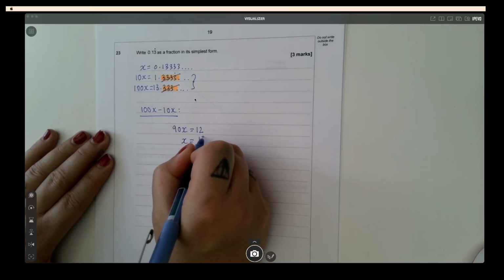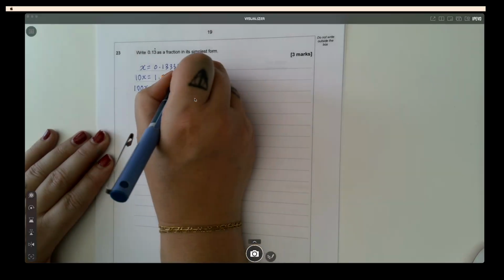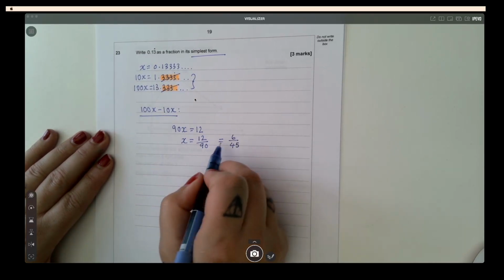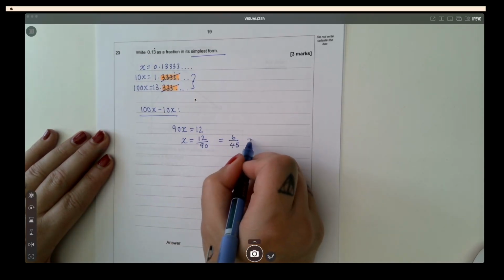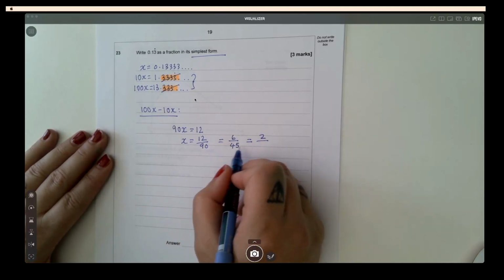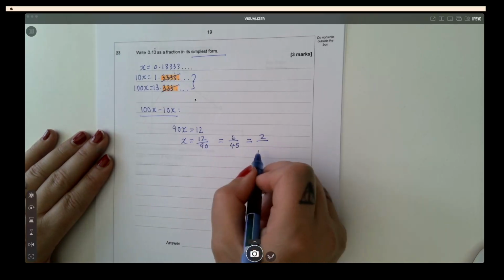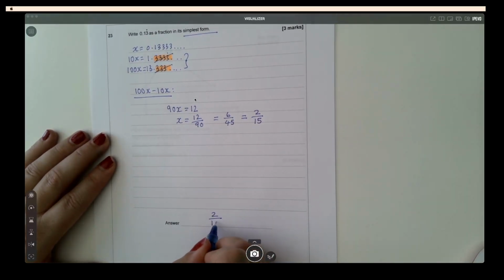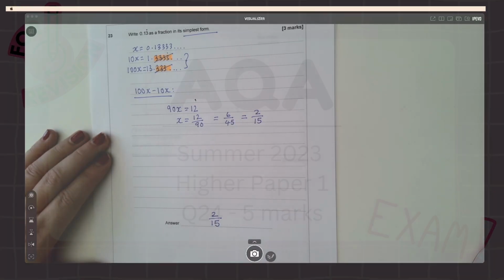So x equals 12 over 90. We want it in our simplest form, so that's 6 over 45. Both still in the 3 times tables. So that's 2 over 15.